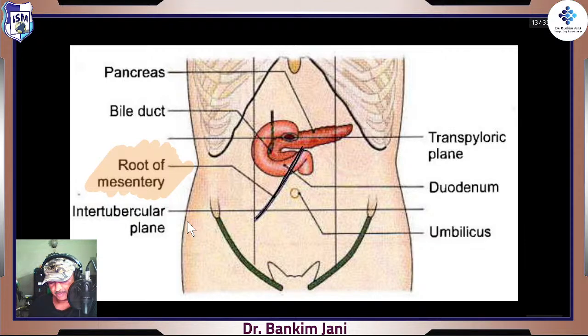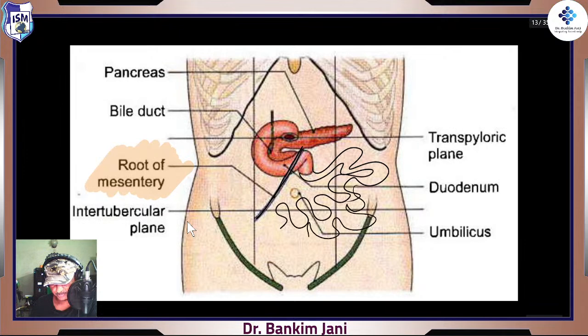Over here, there would be all those intestinal loops, and with these loops there would be attachment of mesentery. So one end is attached to all these intestinal loops, and the second end is attached to this root of mesentery. That is attached over here.